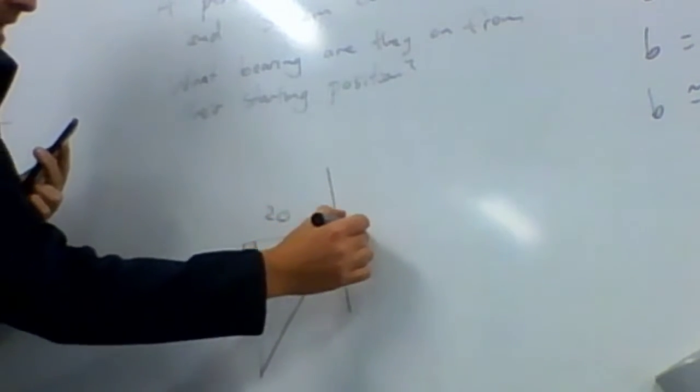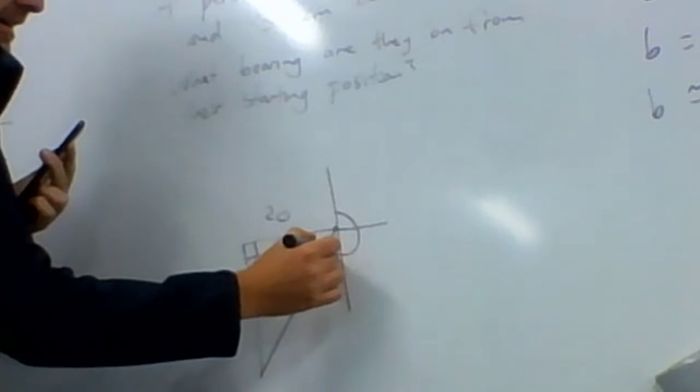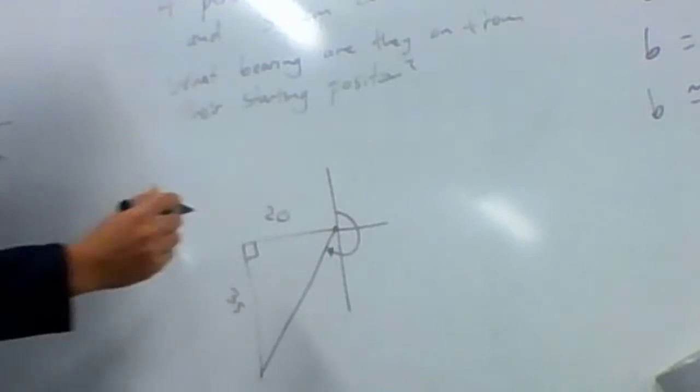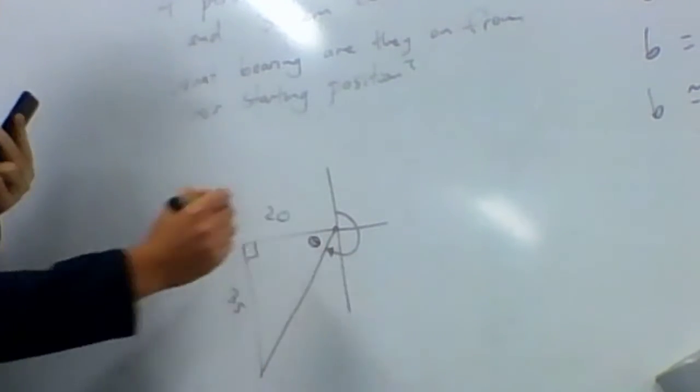So you need to find out what this is around here. How would you work that out? Which angle do I need to find out in this triangle that's going to help me work out the bearing? Do I need to work out this angle down here or that angle up there? The one up there. So I need to find this angle, and then what will I do with it?